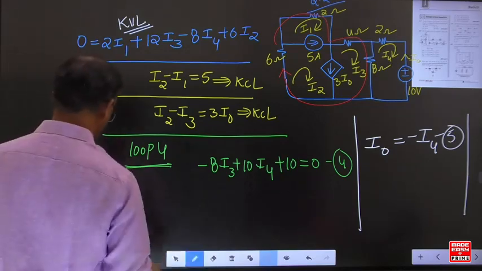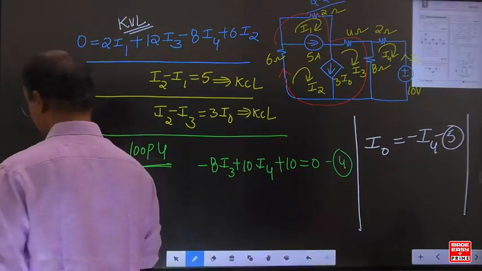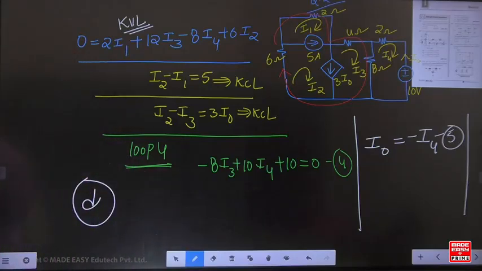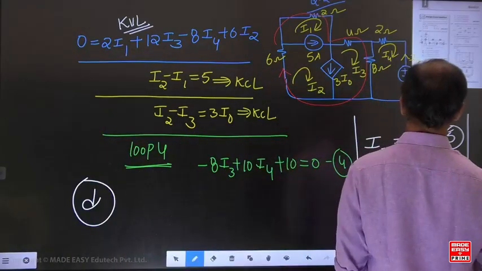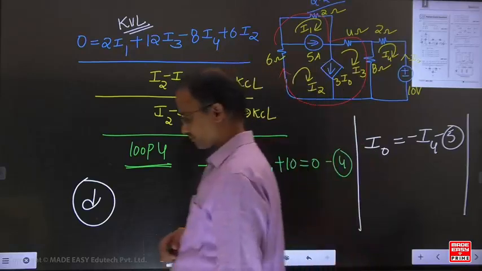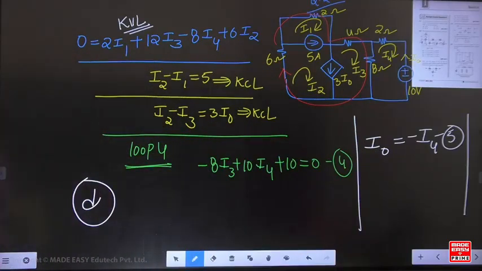Others, does anybody support this? Neetam also says D is the correct option. Bhavana also, same thing I think. Tripathi also D.